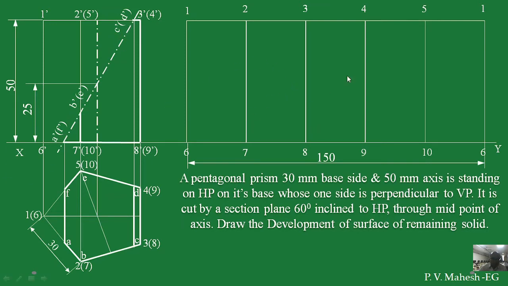Now I have to identify these points A, B, C, D, E, F in this development. How to do that? First, the straightforward thing: wherever the vertical edges are cut, draw a horizontal line from there. This is cut at 2,7 and 5,10, so I will get two points, B and E. Now how to get the remaining points?